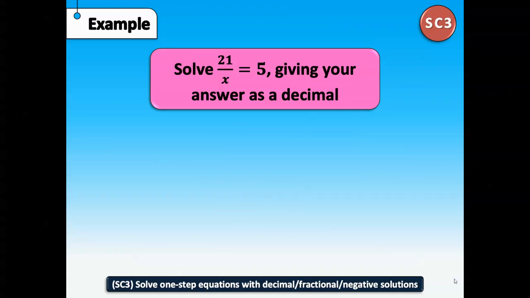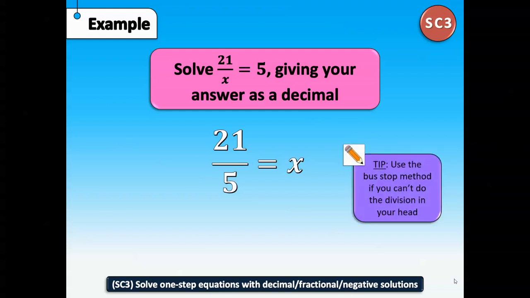For this question, we want to solve 21 over x equals 5, giving your answer as a decimal. So 21 over 5 will equal x, so we can use a calculator for this one. So x is 4.2.